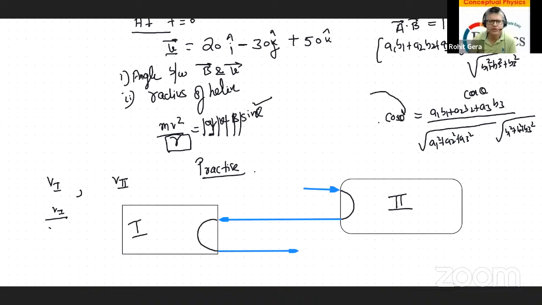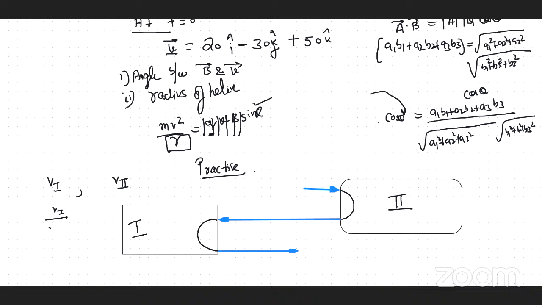So this is a situation. Don't go by the distance. It is uniform. Outward magnetic field.